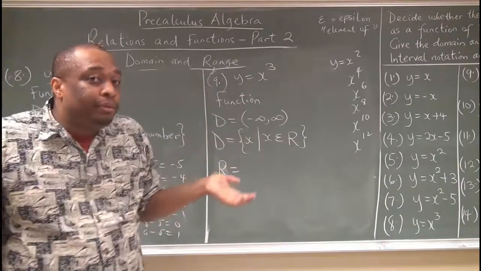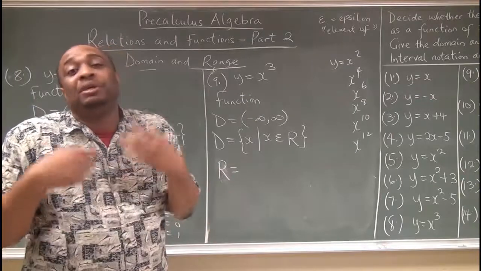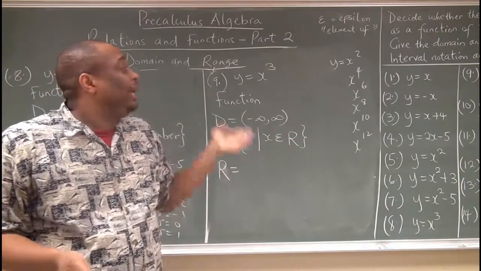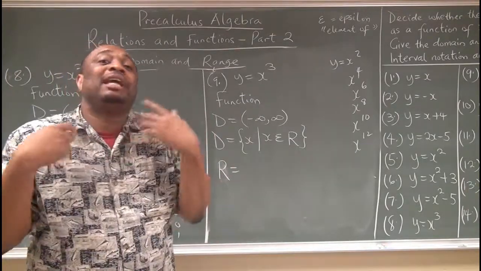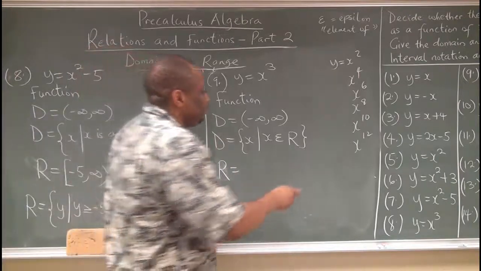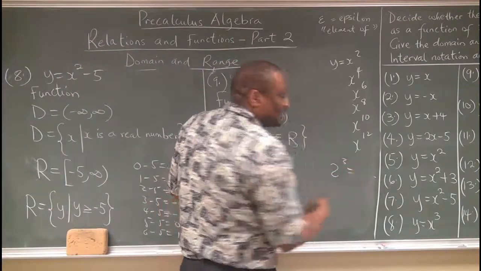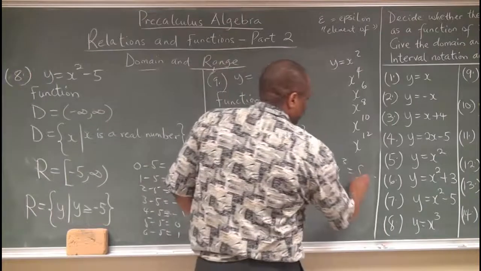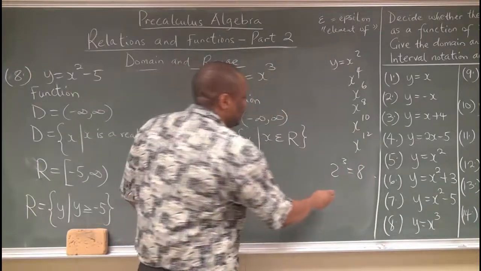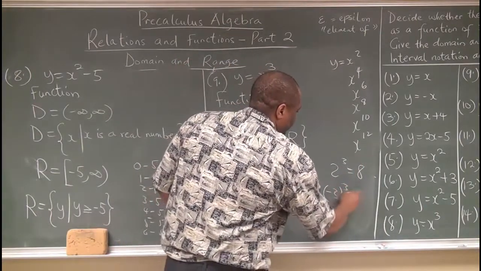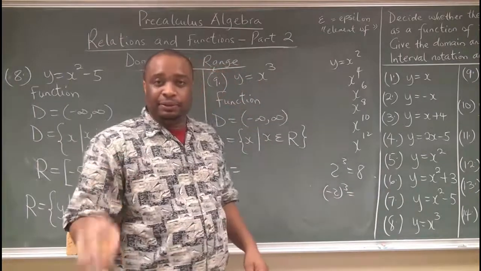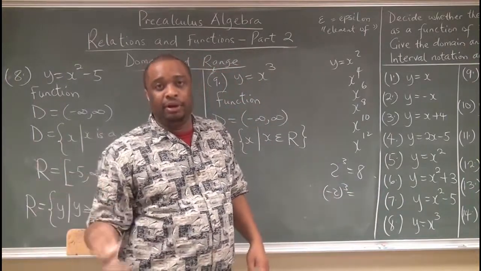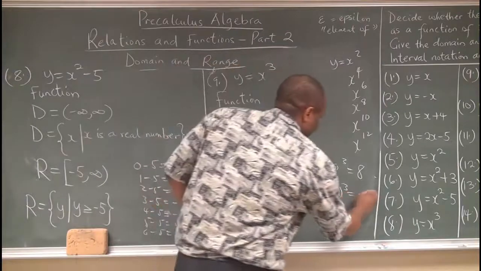If you cube positive numbers, it will give you positive numbers. If you cube negative numbers, it's going to give you negative numbers. If you cube 2, 2 times 2 times 2, 4 times 2, 8. If you now cube negative 2, negative 2 times negative 2 is 4, 4 times negative 2 is negative 8.